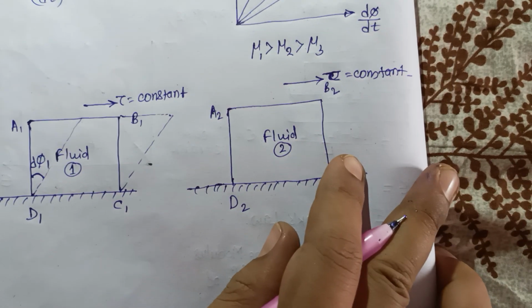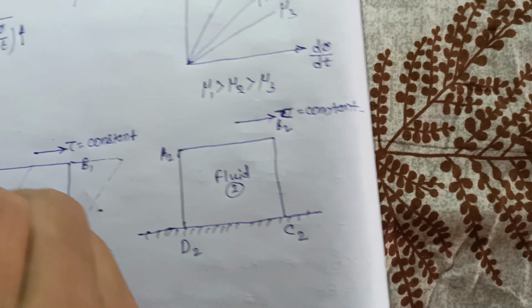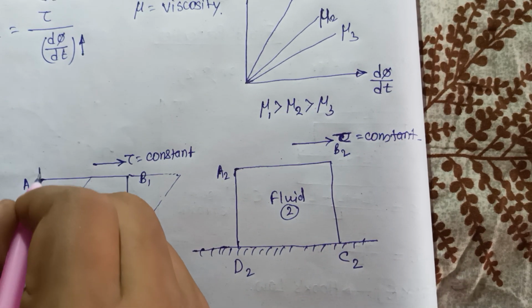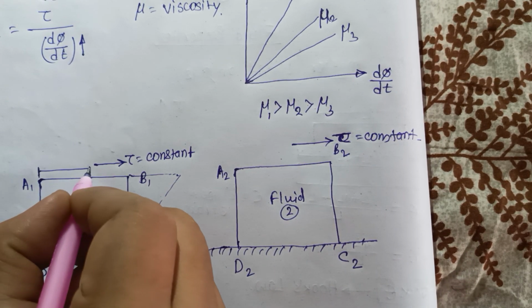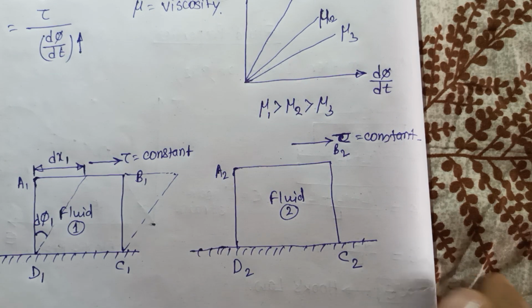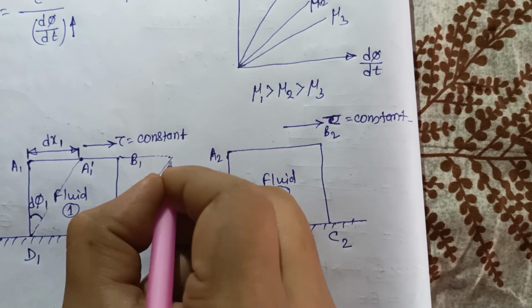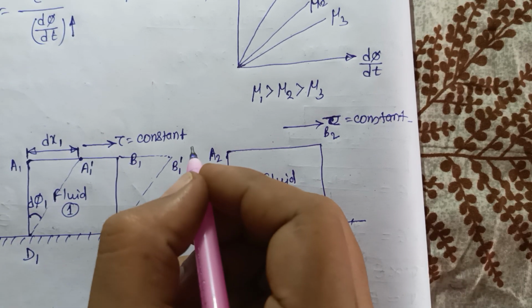Now at the same time, suppose this distance is dx1, and these points are a1 dash and b1 dash.